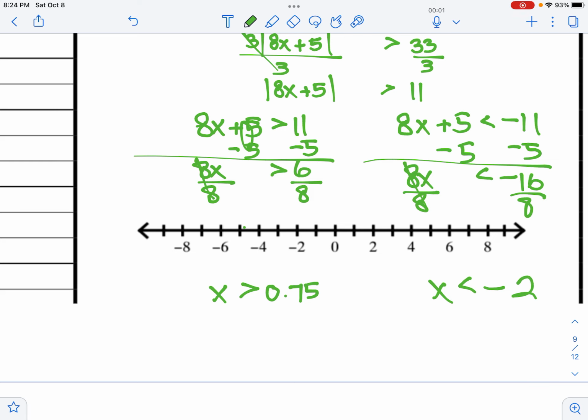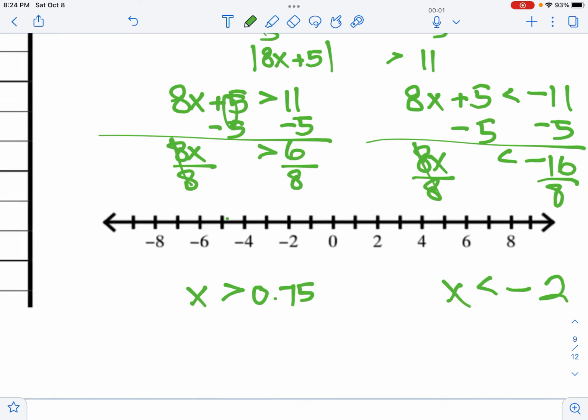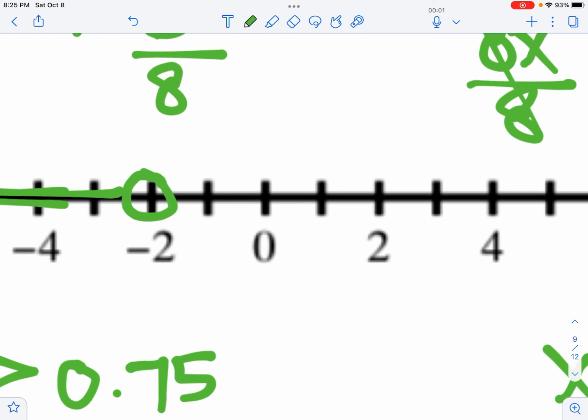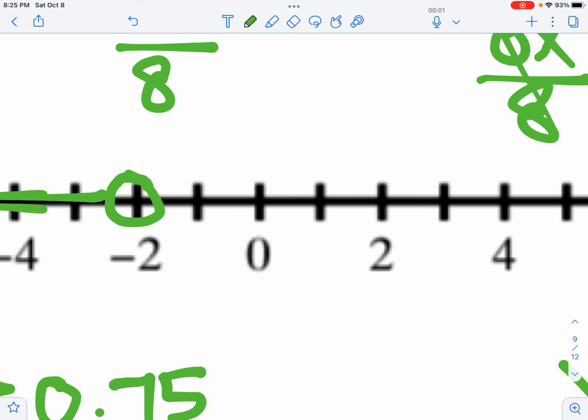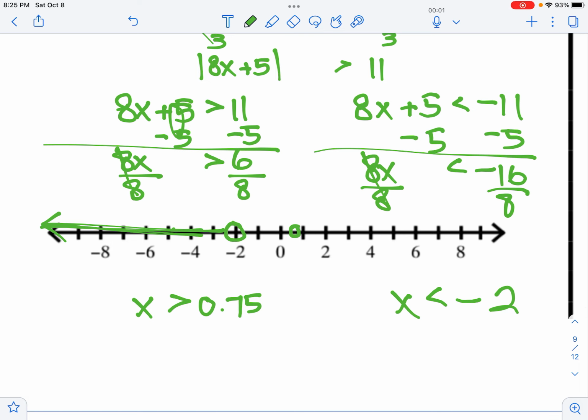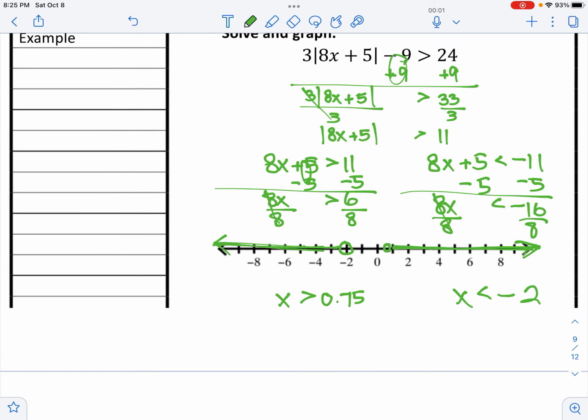Okay, so X is less than negative 2. Okay, and X is greater than 0.75, so 0.75 would be, I don't know, right about here. And then we want to shade everything greater than that. And since they go away from each other, they diverge. It's an OR inequality.